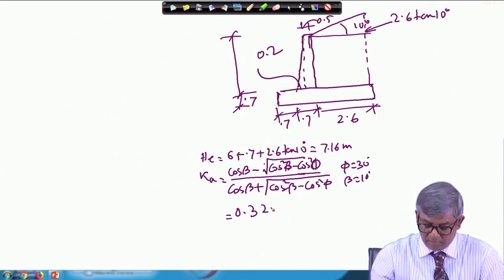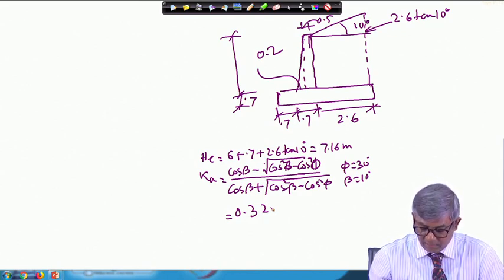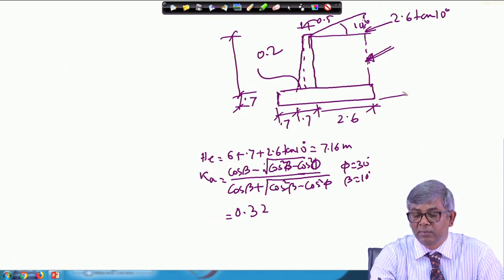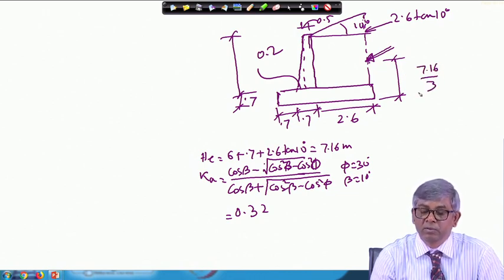Now, for earth pressure calculation, actually you have to find out the thrust. So, this will be acting somewhere something like this, thrust, and this height will be, suppose, your 7.16 by 3. So, what will be the pressure, how to find out?